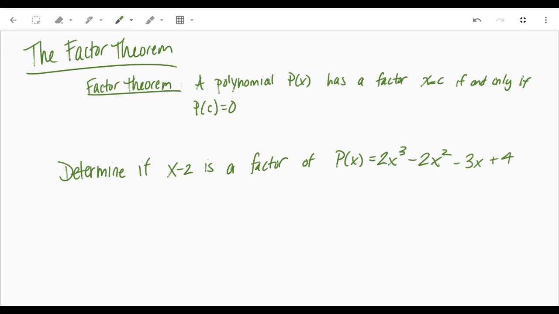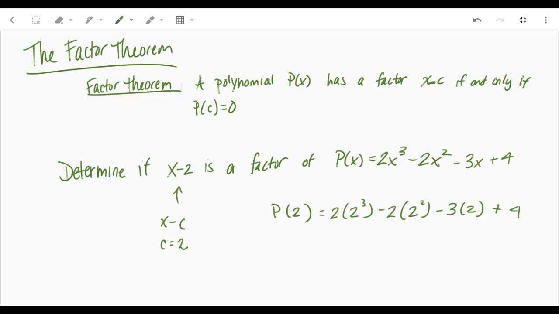So all we need to do, if we have x minus 2, that's x minus c, right? So c is 2. We're going to find P of 2, which is 2 times 2 cubed minus 2 times 2 squared minus 3 times 2 plus 4. 2 cubed is 8, so we have 16. 2 squared is 4, so we have minus 8, minus 6 plus 4. 16 minus 8 is 8, minus 6 is 2, plus 4 is 6.